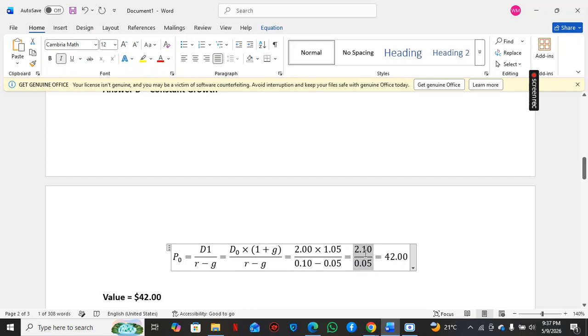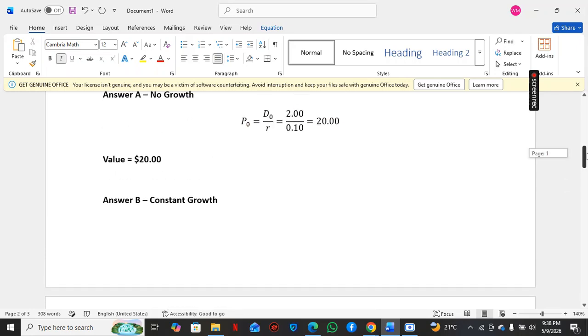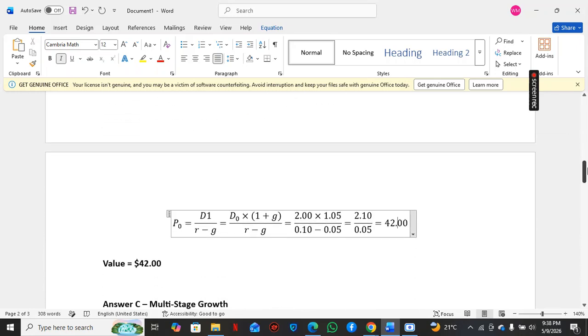When we divide the two values, we get $42. That is the value of the stock, $42. This is for the constant growth rate, where the growth rate is 5% forever.